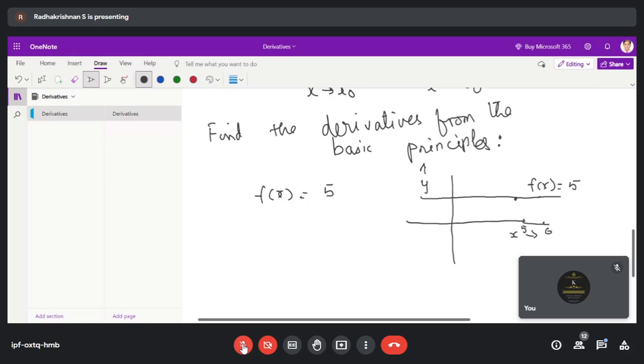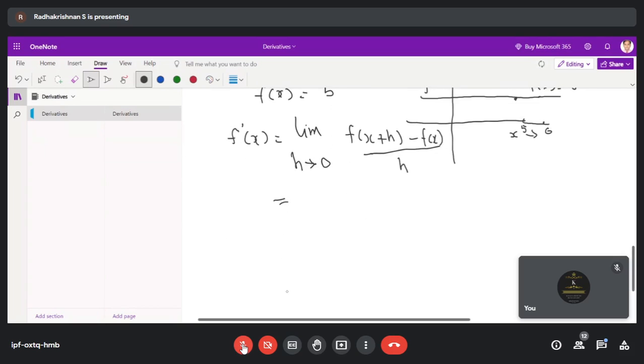Now let's see how we get it from first principles. f of x equals 5. So what is f dash of x? We saw that it is the limit as h tends to 0 of f of x plus h minus f of x, divided by h. Now substitute.